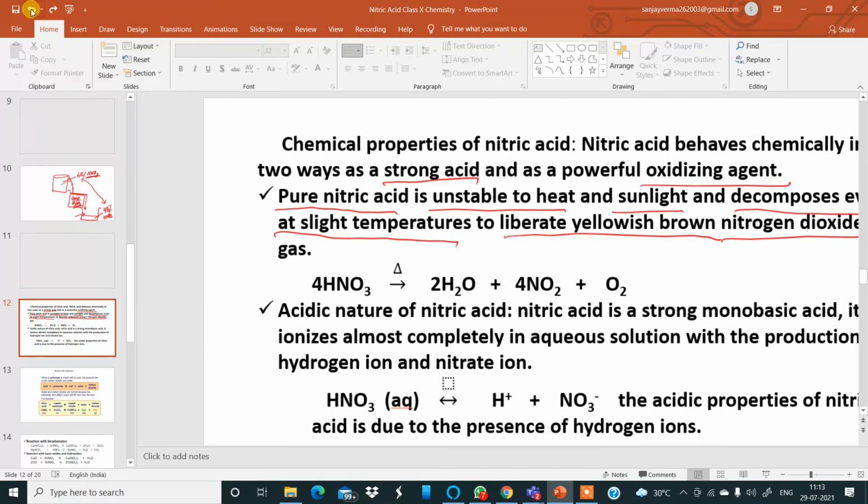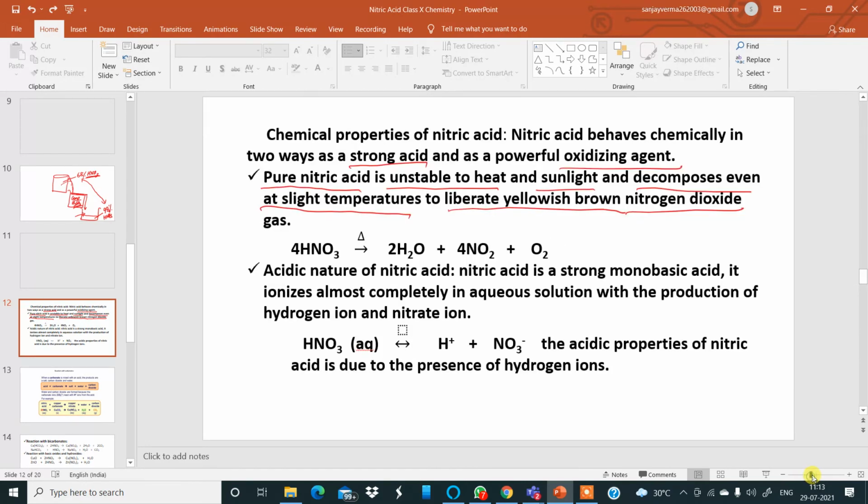Okay. Now, nitric acid, which you can see over there on the screen. Acidic nature: nitric acid is acidic in nature. Nitric acid is a strong monobasic acid because it is capable of producing one hydrogen ion per molecule.